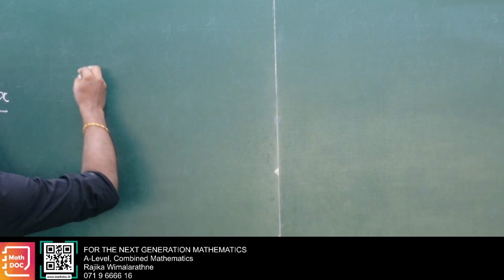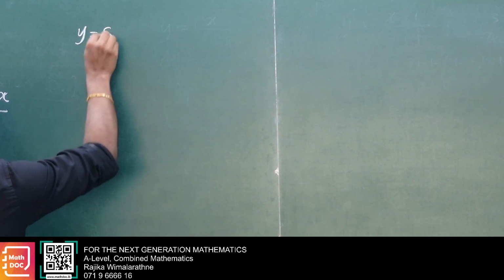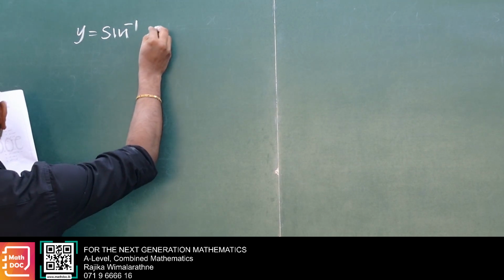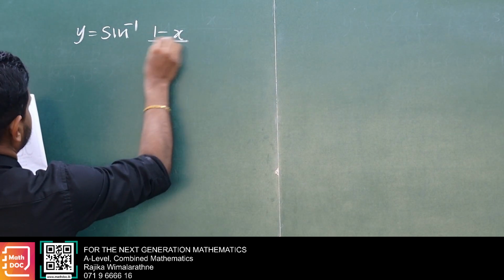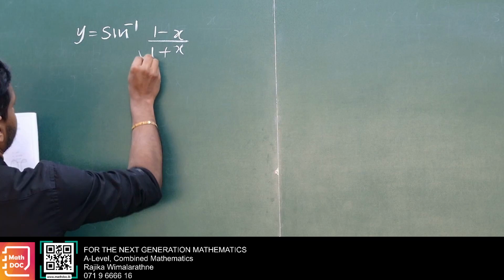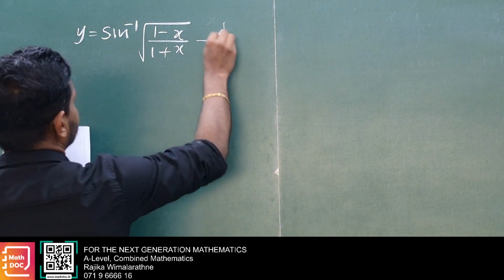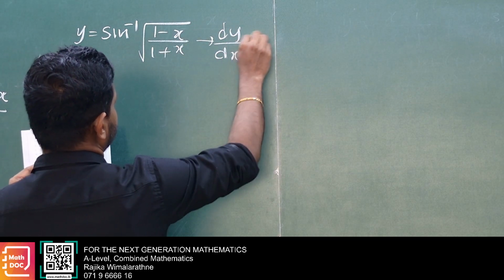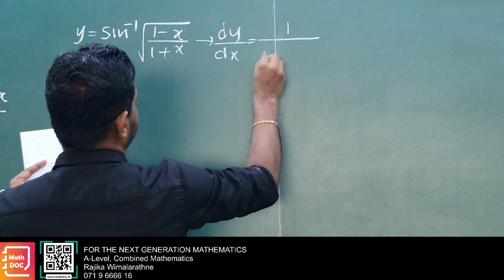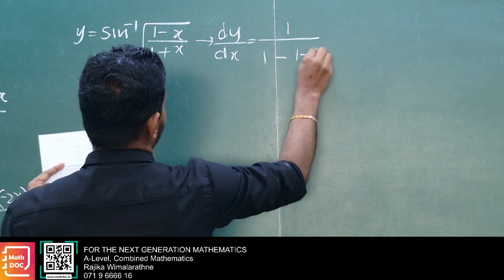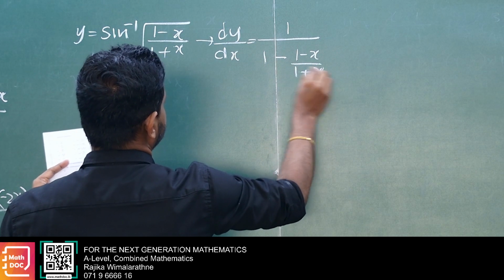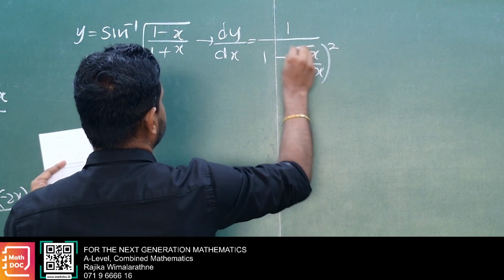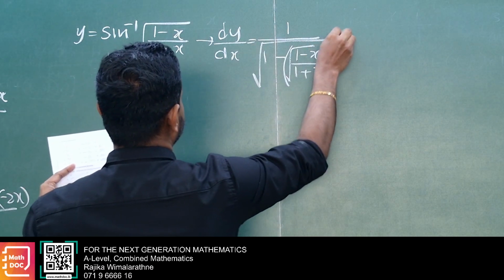Okay. Then y equals sine inverse of the square root of 1 minus x over 1 plus x. Then dy by dx, sine inverse derivative 1 over 1 minus the square root of 1 minus x over 1 plus x, to the power 2, again square root.